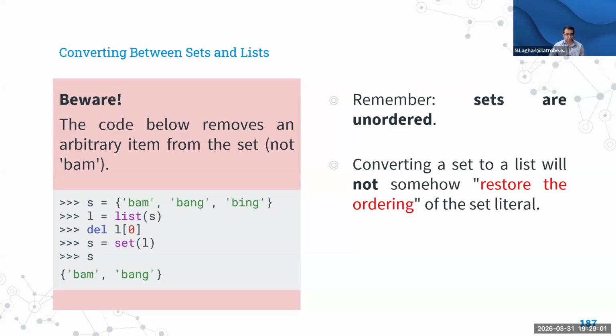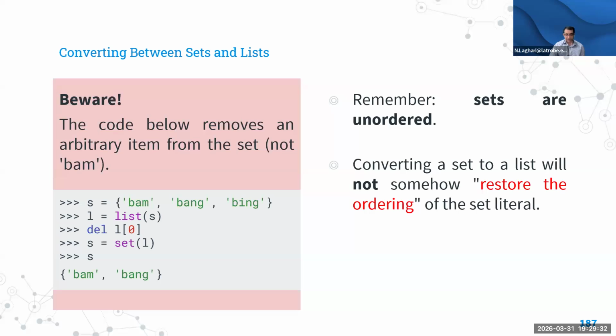The code below removes an arbitrary item. So we have the set bam, bang, bing. We create a list from that set, and you delete 0 from it, meaning the 0th item, or the first item from the list, the item at the 0th index.